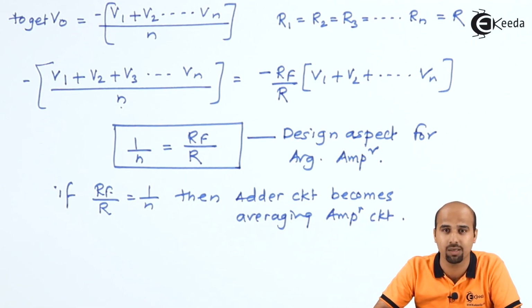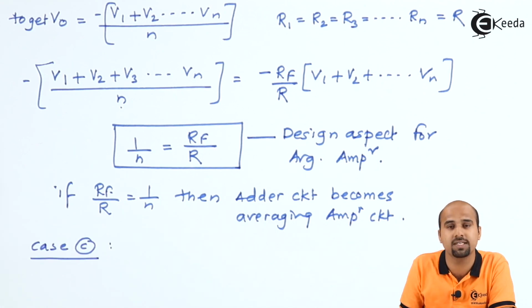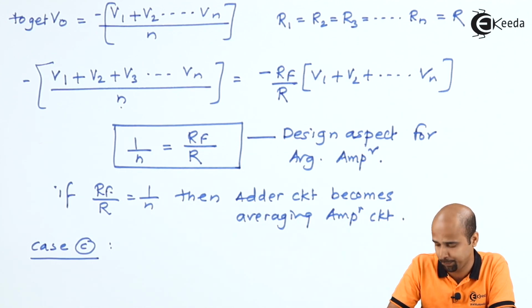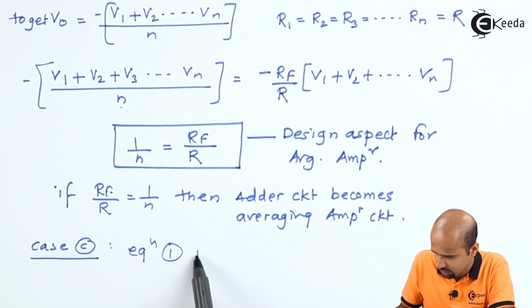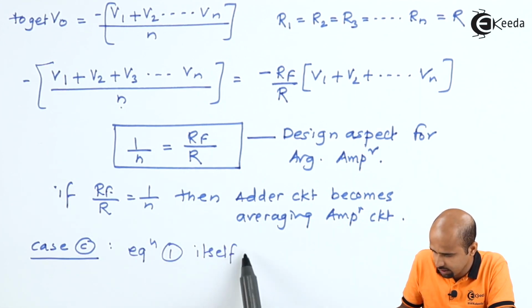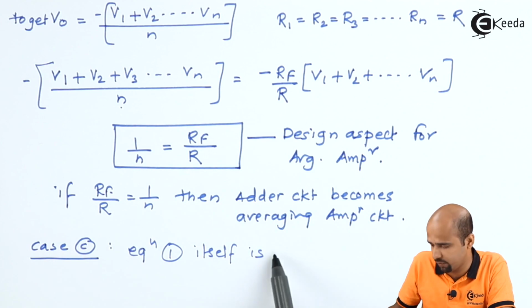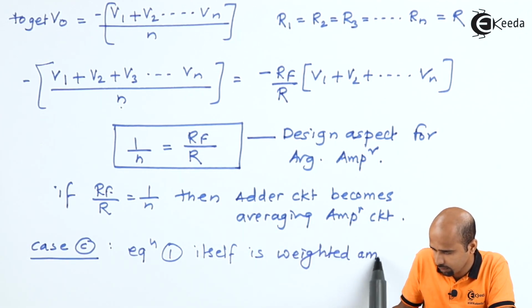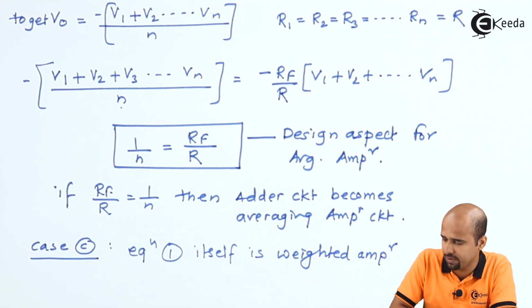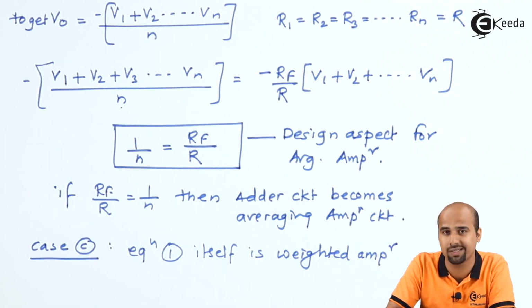Now what about case number C? Case number C, that is the third bifurcation of adder circuit in inverting configuration, as weighted amplifier. Equation number 1 itself is the weighted amplifier. So your basic equation for the adder circuit itself is a weighted amplifier.